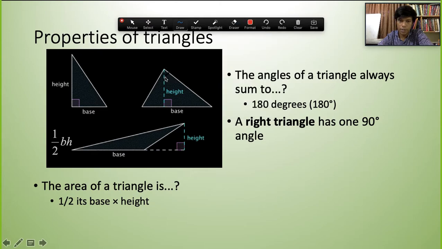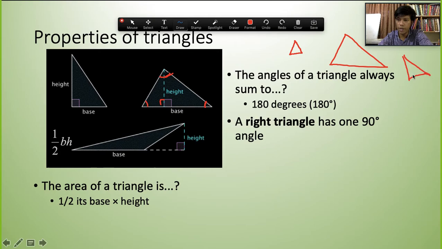This one is 90, and this one plus this one is 90. On this side, this one is 90, and these two together will be 90. Total is 180. Again, this is interesting for a triangle. No matter how you draw a triangle, the sum of all angles will always be 180, regardless of how you draw it.